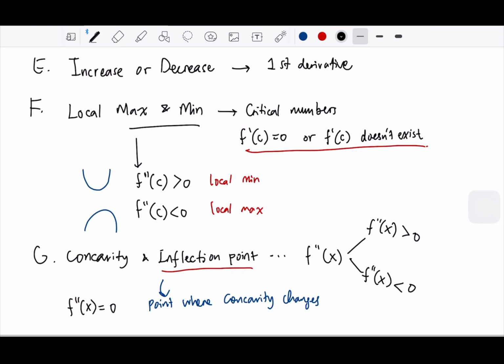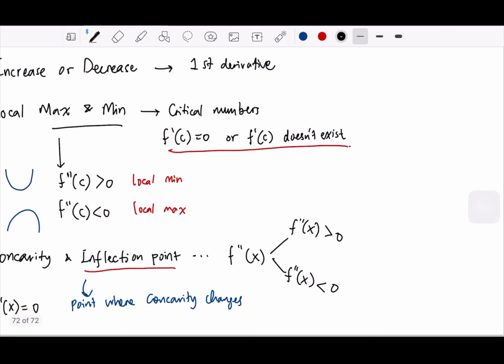But sometimes the graph or the function will have some complexity, so it doesn't necessarily have to equal 0. But when you check the interval and check some numbers that are still logically acceptable, then you can decide where the concavity changes, and that is the inflection point. Okay.